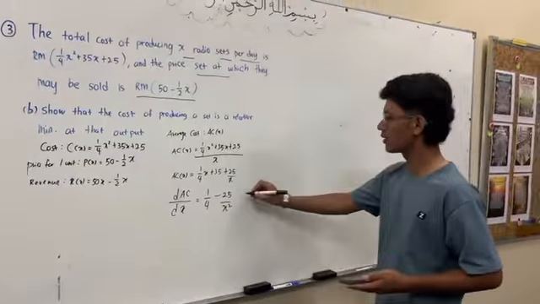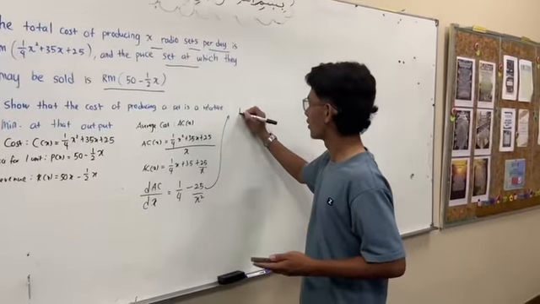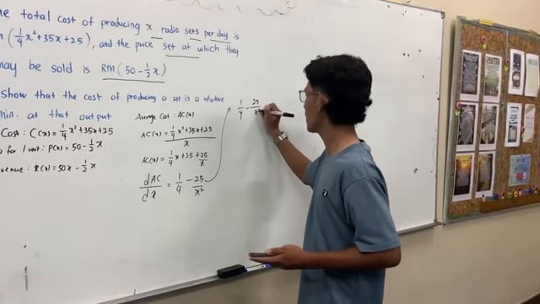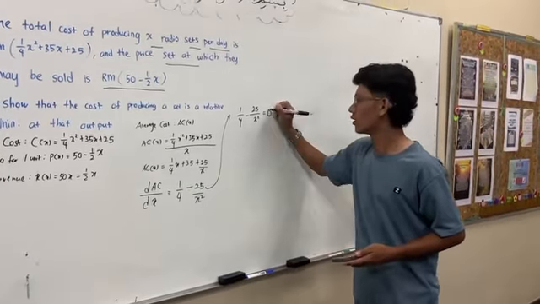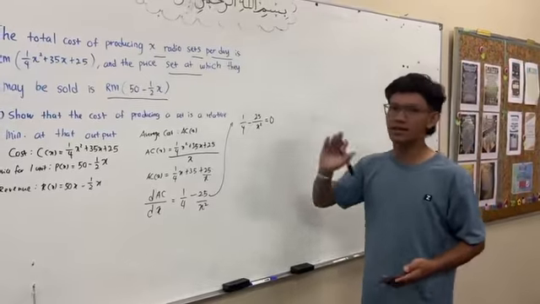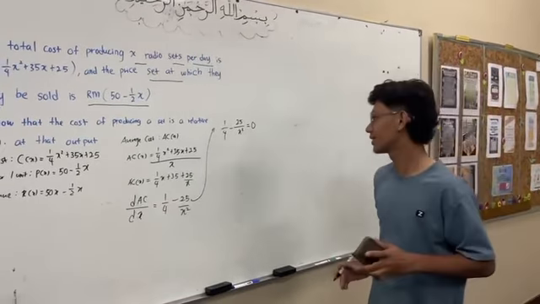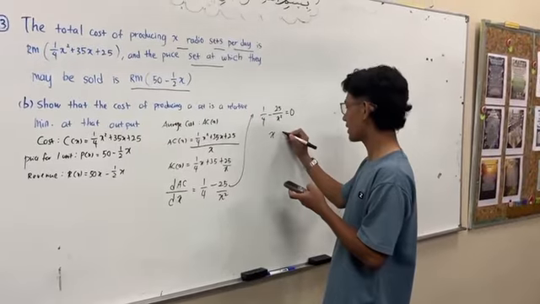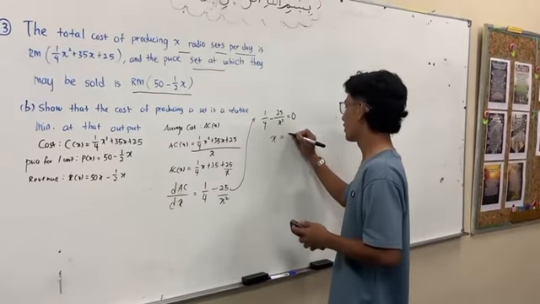Right, so this one, 1/4 minus 25 over x squared equal to 0, because we need to find the value of x. So we solve this and we can get the x equal to 10.